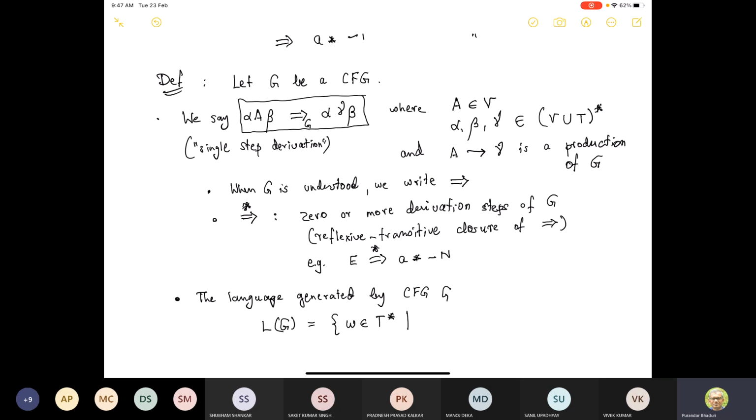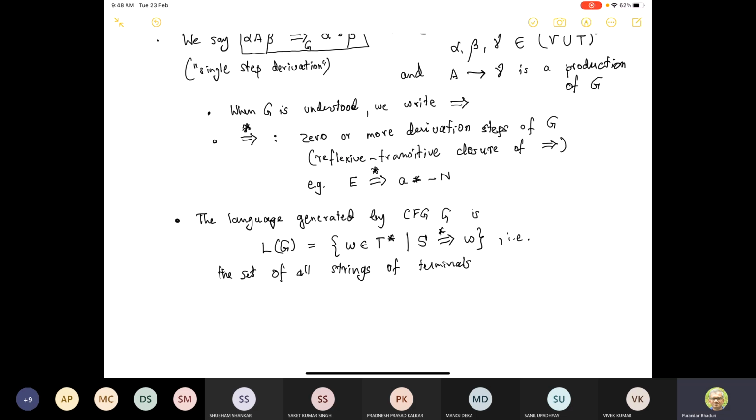Okay, so no variables here, only the terminal symbols, such that starting from the start symbol, you can derive W in 0 or more steps, i.e., the set of all strings of terminals derivable from the start symbol.